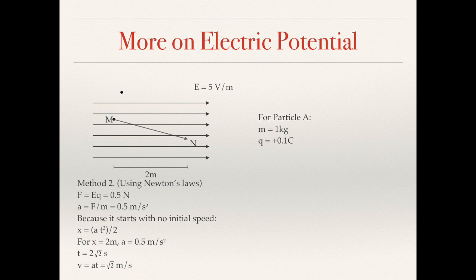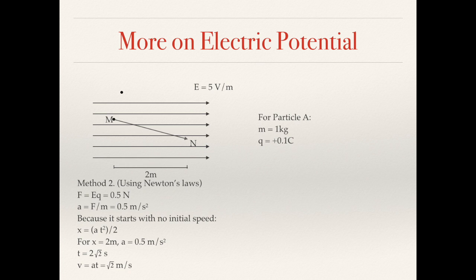And there's also a second method to solve this question, and we'll use the basic Newton's laws here. As the electric field strength is constant, the force experienced by the particle is also constant and is equal to E, the electric field strength, times q, the charge of the particle.